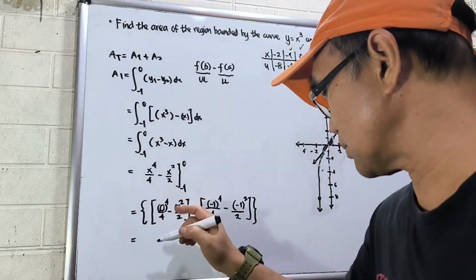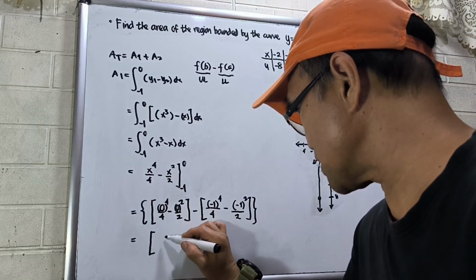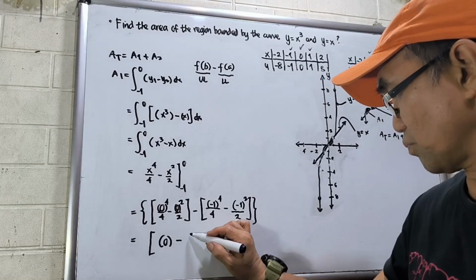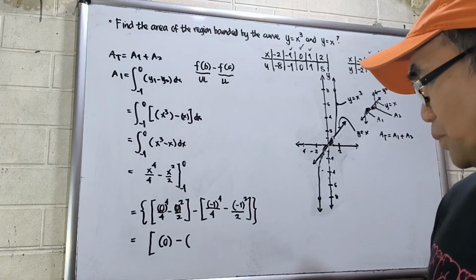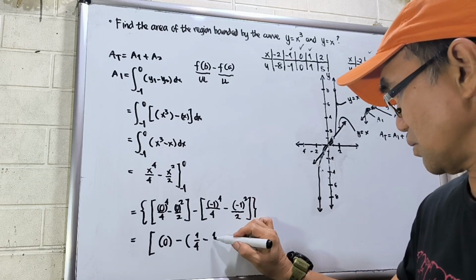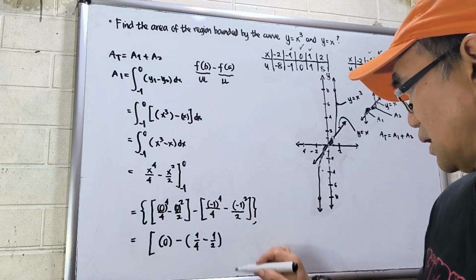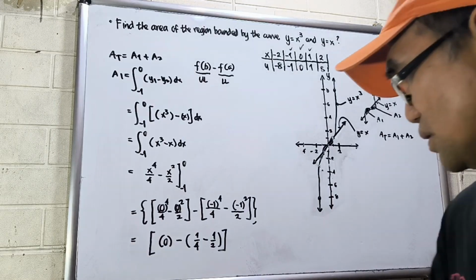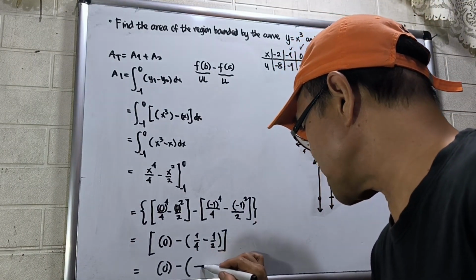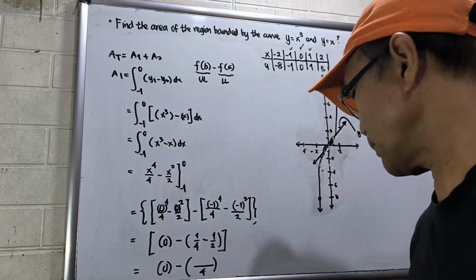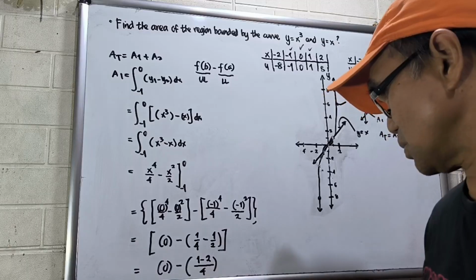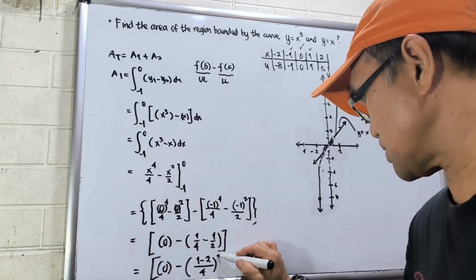So 0, right? So this will be square brackets. This will be 0. Then minus 1 raised to the 4th power is 1 over 4. Then this will be minus 1 over 2. Then enclose with square brackets. So this will be 0 minus, LCD will be 4, so 1 minus 2. Okay, square brackets.